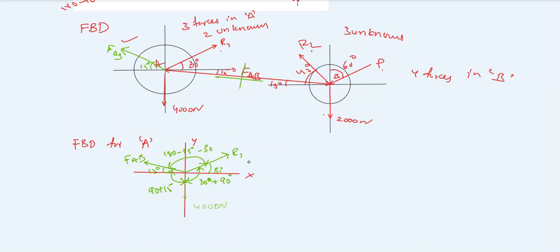So that is the angle between the forces, right? Now applying Lami's theorem. According to Lami's theorem, first of all, we have only 4000 Newton known force.